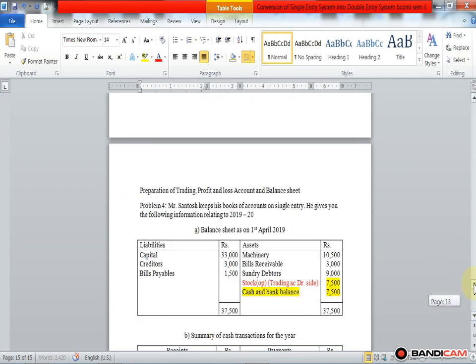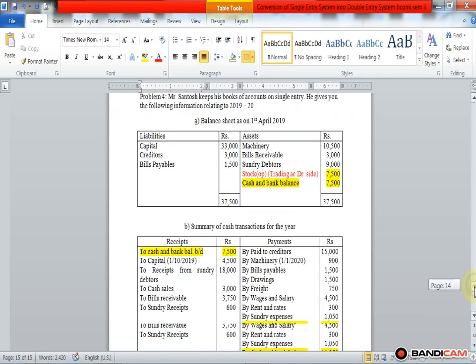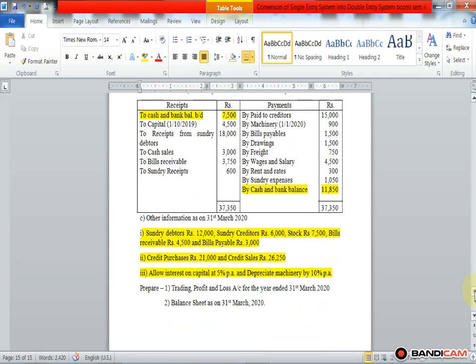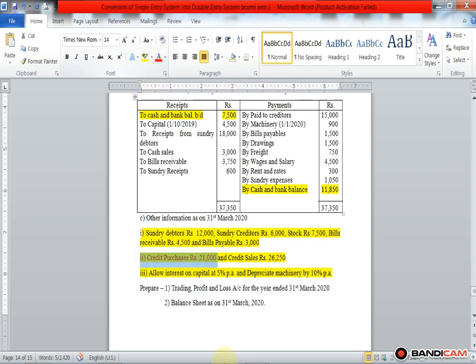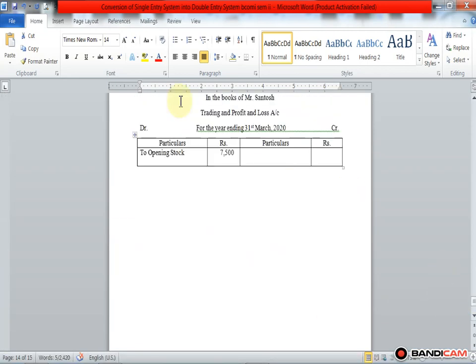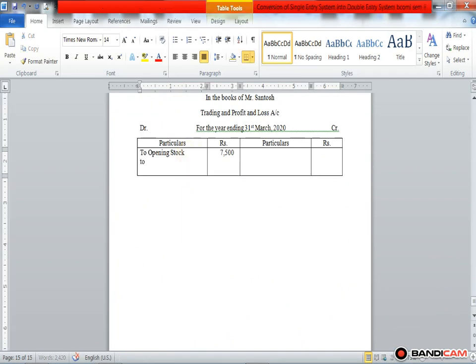Then we transfer purchases. So find out the purchases. Cash purchase is not given, but credit purchase is given, so transfer this credit purchase to trading account, debit side, to purchases amounted to rupees 21,000.